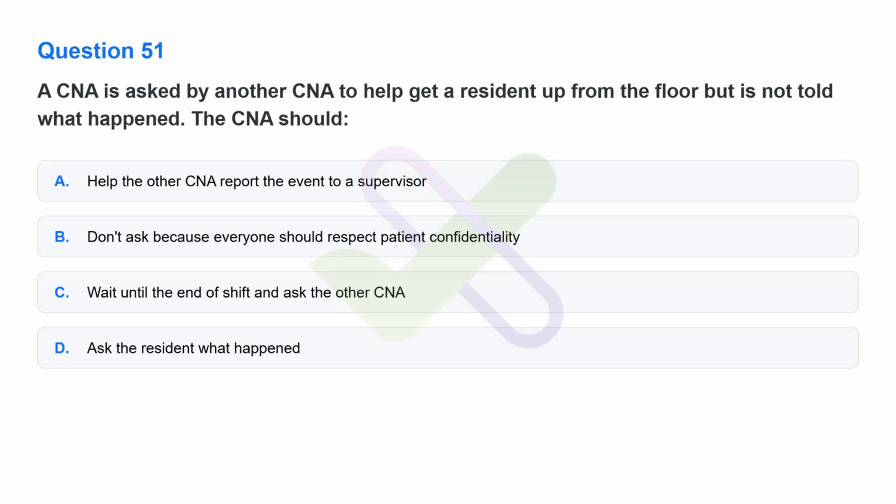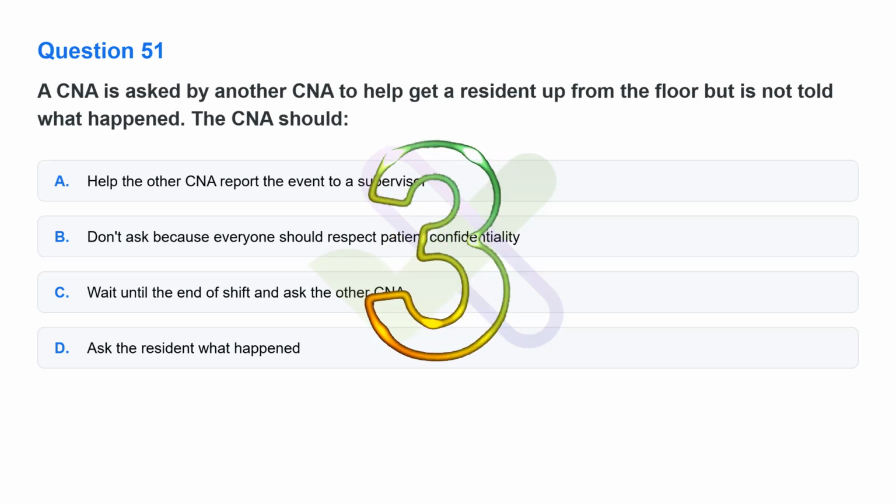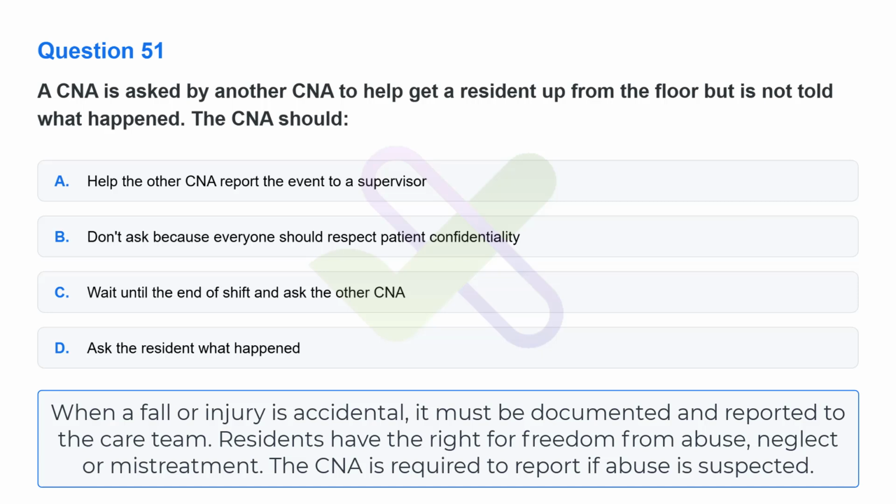D, Ask the resident what happened. Correct answer, A. Help the other CNA report the event to a supervisor. When a fall or injury is accidental, it must be documented and reported to the care team. Residents have the right for freedom from abuse, neglect, or mistreatment. The CNA is required to report if abuse is suspected.